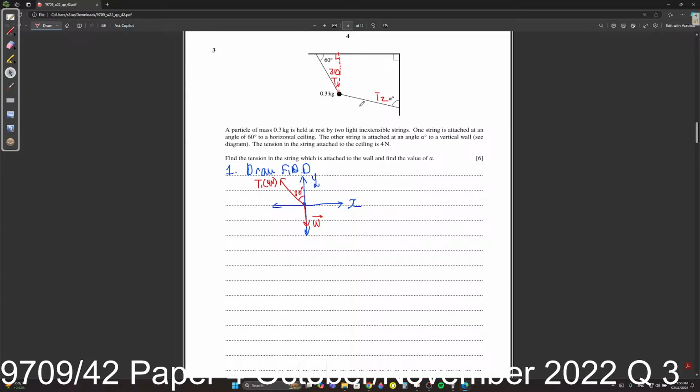How about T2? T2 is angled as well, right? So let's draw T2, and we're trying to find the value of it and also the angle. Some people are going to write down the angle here and use this one.